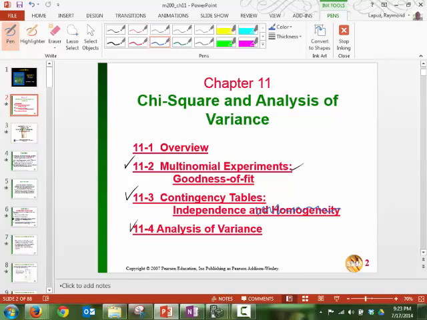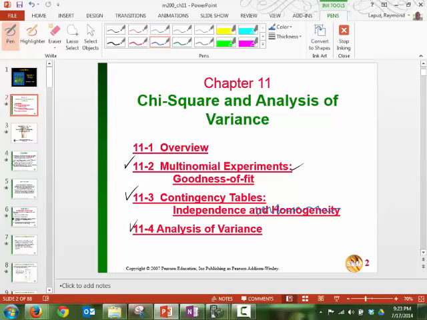That 8-step process, you should be comfortable with that by now. I'm hoping that you're not thinking all 8 steps anymore. You're just thinking, okay, I need to write down my null and alternative hypothesis. That's your first main step. The next one is to find the test statistic and the p-value. If you're going to do the traditional method, you also have to find the critical values from one of the tables, or you can find it from your calculators.